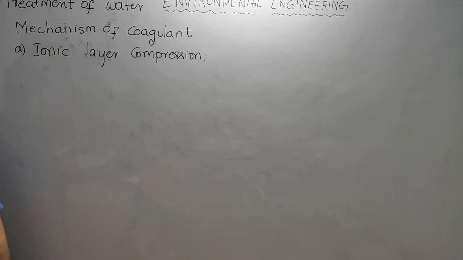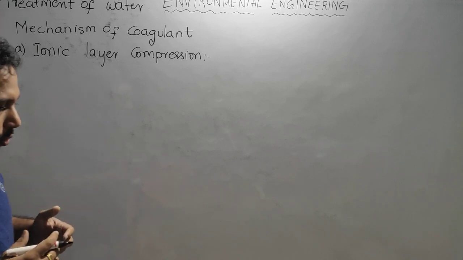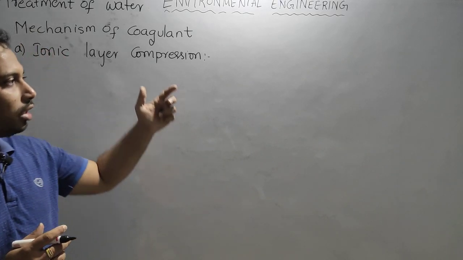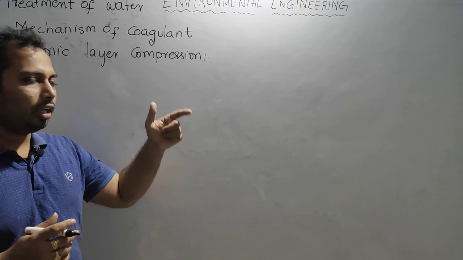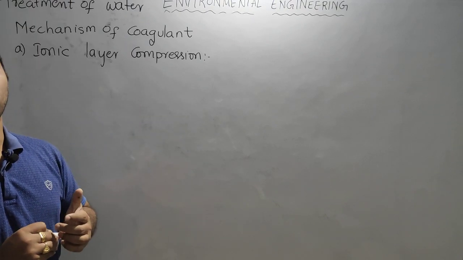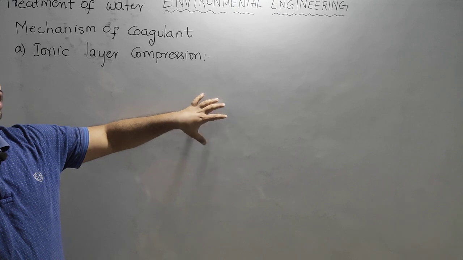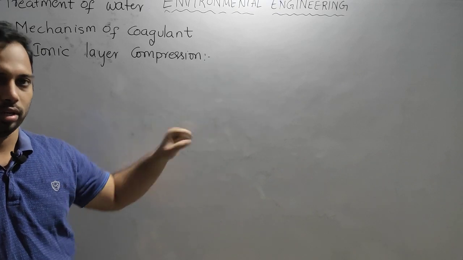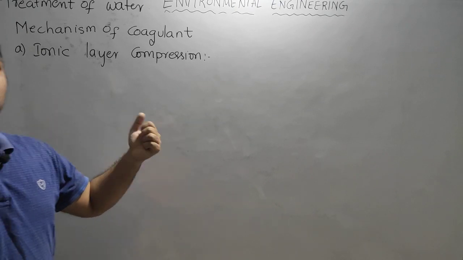Because of the van der Waals forces, the colloidal particles tend to attract. Whenever I told you in the previous session about the Stern layer, the Stern layer is because of the positively charged particles offered by the water.